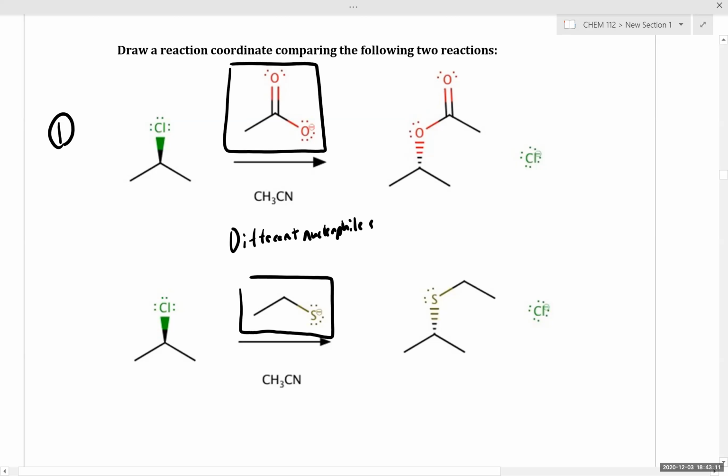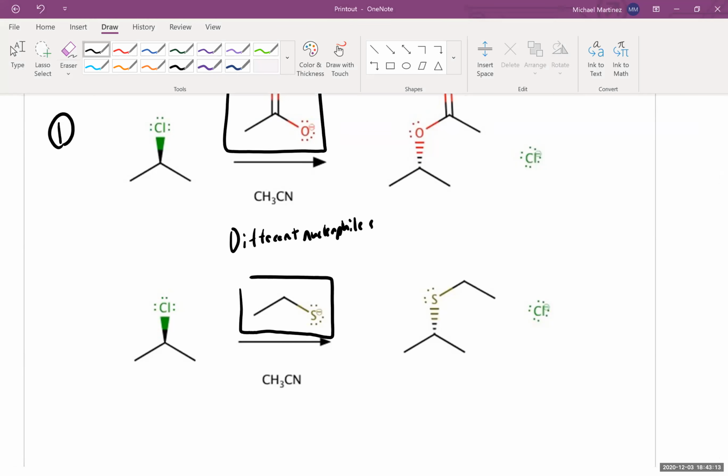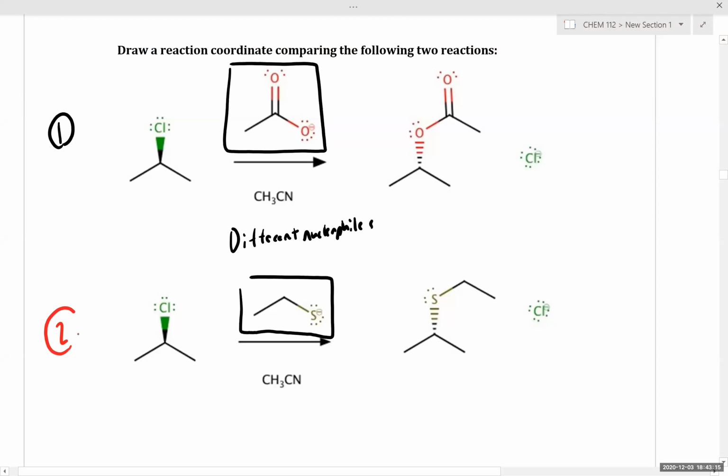Okay. Now, I'd like you to tell me which of these two nucleophiles is better? Which of these nucleophiles is the stronger nucleophile? Acetate or ethane thiol anion?